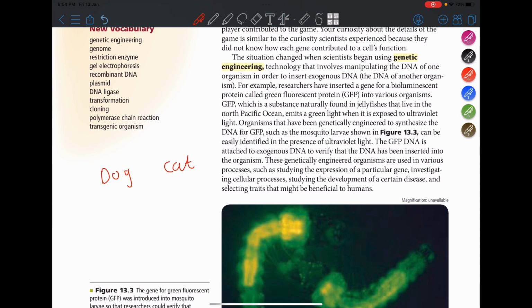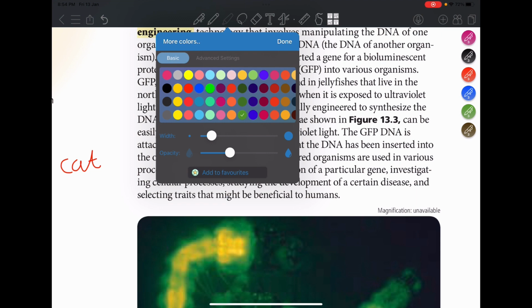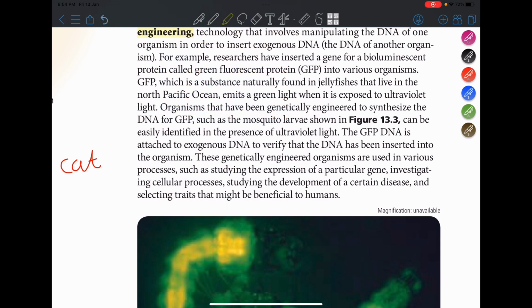All right. So we know what genetic engineering is, but what are genetically engineered organisms used for? Before I give you any examples, why do I need genetically engineered organisms? Well, these organisms can help, and I'll show you where to highlight in the book here, with the study of the expression of a particular gene.